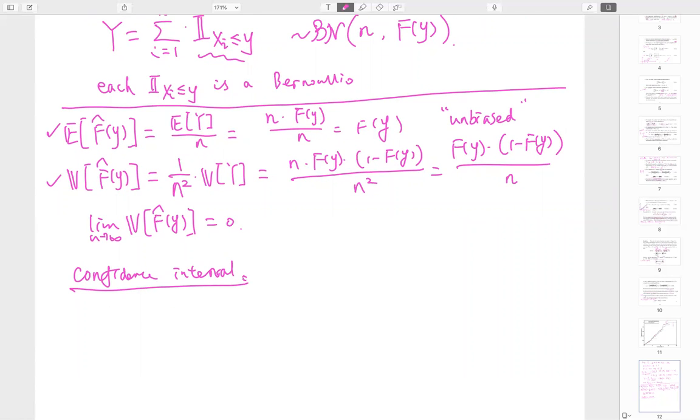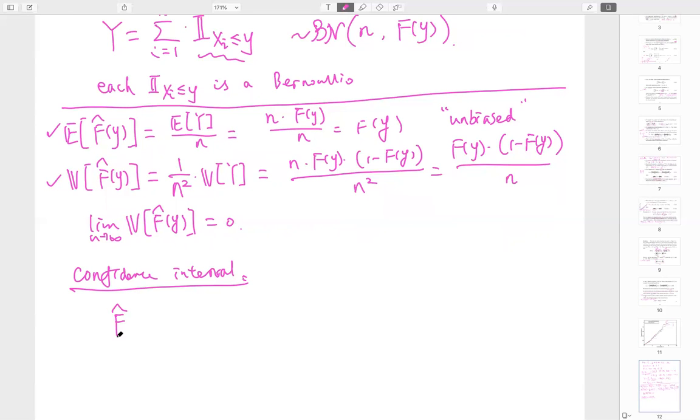That's because in old times we only had the table for the standard normal, so we want to convert everything to standard normal, even though it may not be normal. But the good thing with binomial is that when n is big enough, it's rather close to a normal distribution. So it's not that wrong.